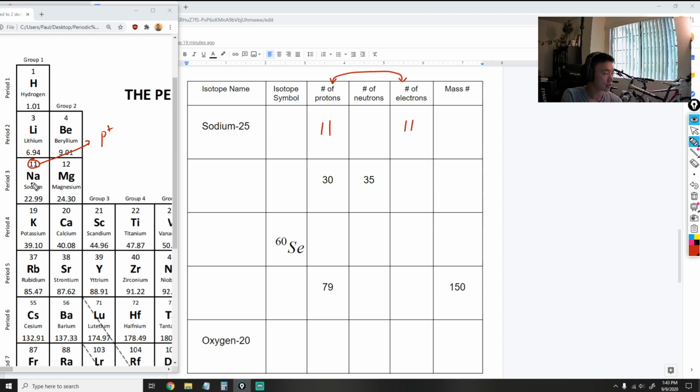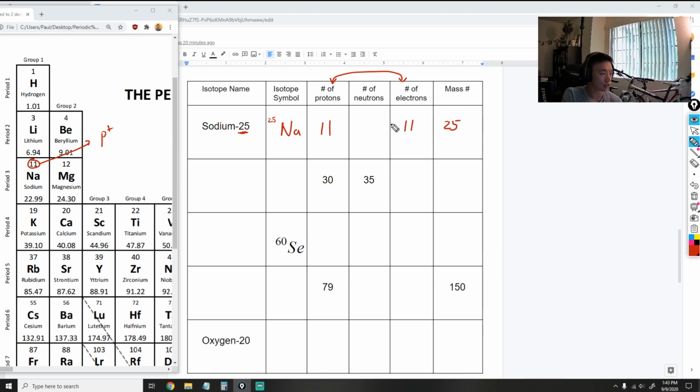Okay, it looks like the symbol for sodium is Na, and if you guys remember how to do the symbol, we just put the symbol in the box, and then we put the mass number, the number in the back, on the top left. So it'll be 25 on the top left, and then Na. There you go. We got the name, the symbol, the protons. We can also do the mass number, because the number on the back is a mass number, so it's 25.